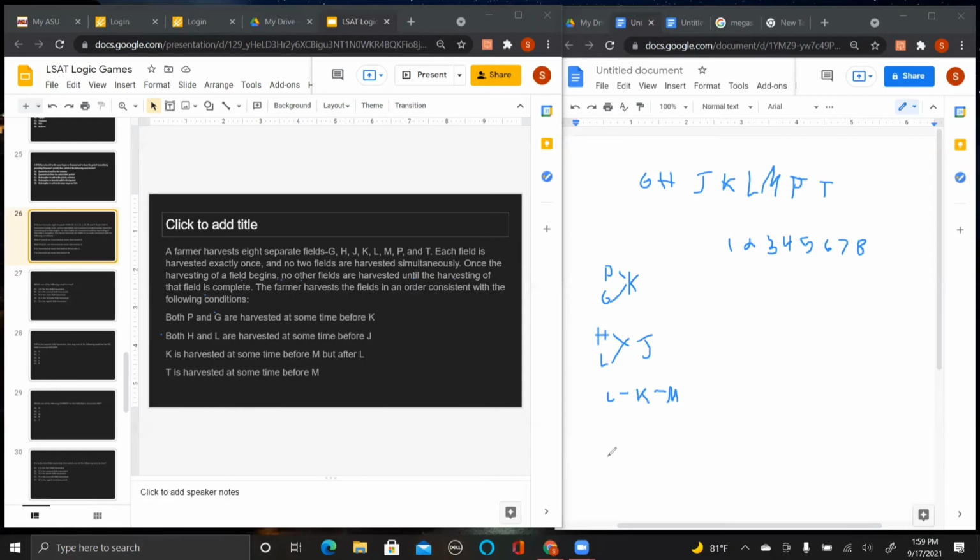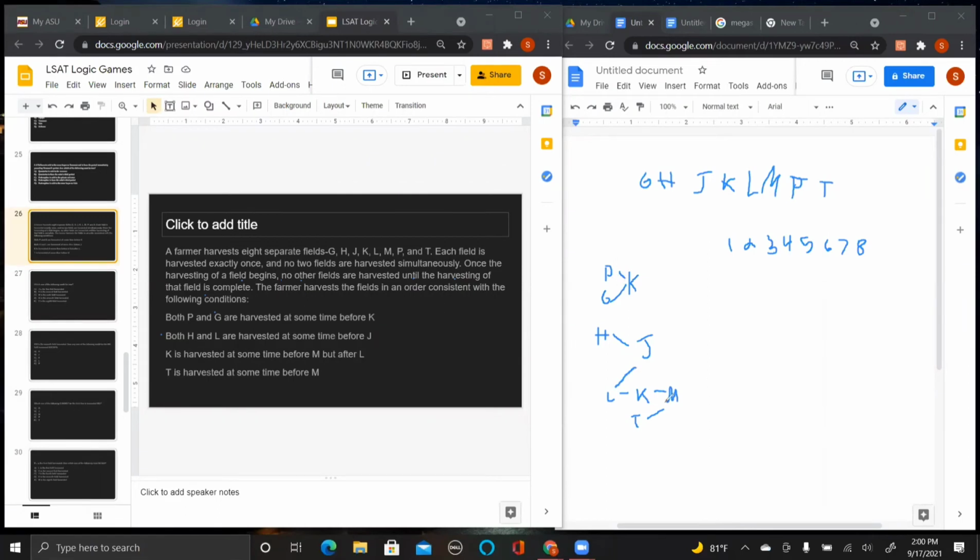Okay. Now the thing with this is what I love. This is one of my favorite things to do: we can combine this into one giant diagram, right? So how do we do that? We just connect the letters where they appear twice. So like I did here, I put T before M. And so if we know, okay, I'm going to do some erasing. So L is before J, right? And so is H. So I'm just going to do that.